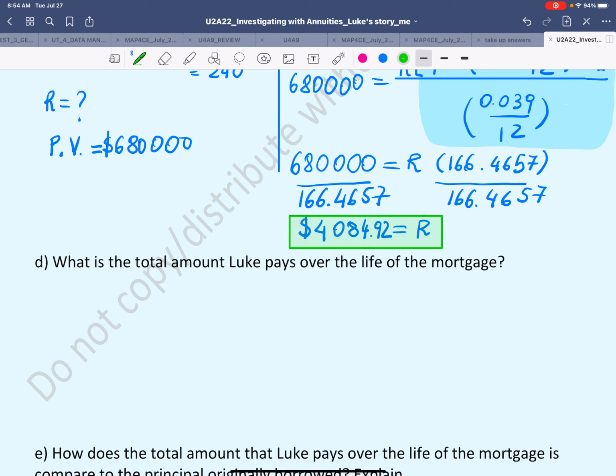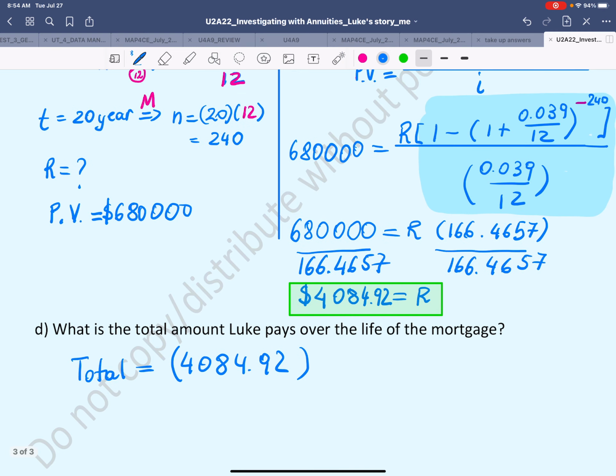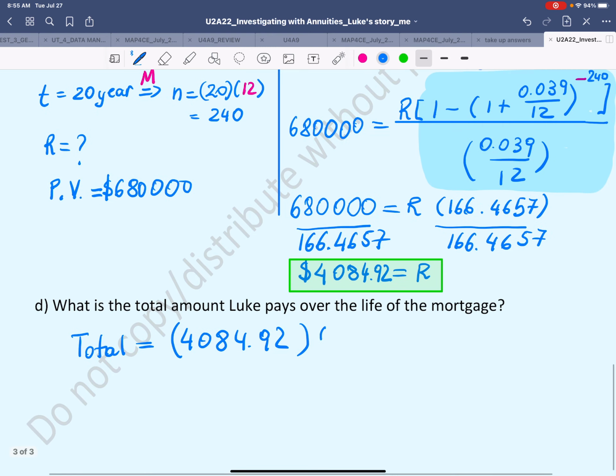So in total, he will pay $4,084.92. How many times? As many times as the number of regular payments. So 240 times, which means that we have to multiply by 240.